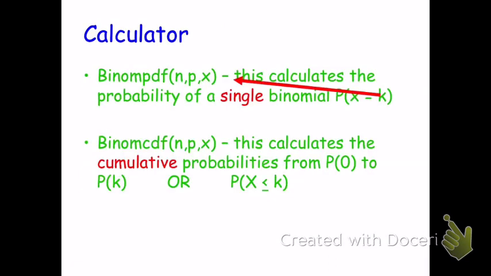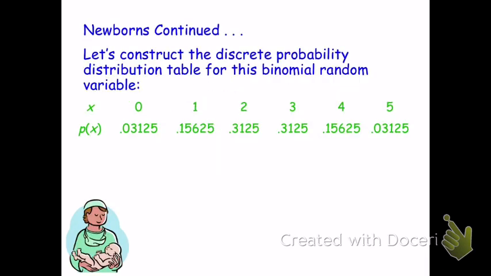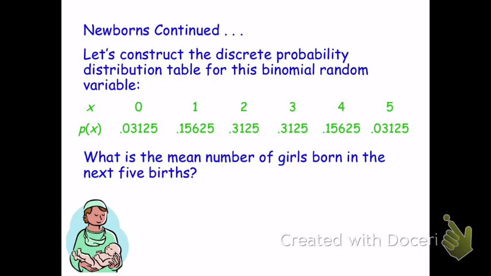So here's the calculator stuff. I kind of already explained that. This right here is the probability distribution. If I did a binom PDF for 0, 1, 2, 3, 4, and 5, and wrote them out individually, that's what this would look like.